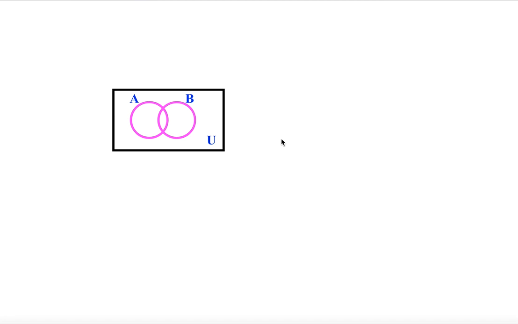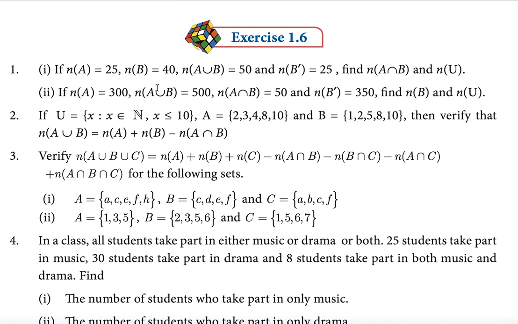Now what is given? B dash is given. Yet we don't know what is B dash. Okay, let's get the data. n of A, n of B, n of A union B: 25, 40, 50.